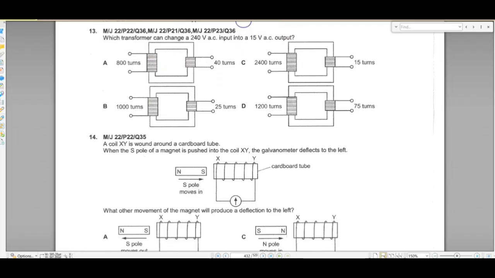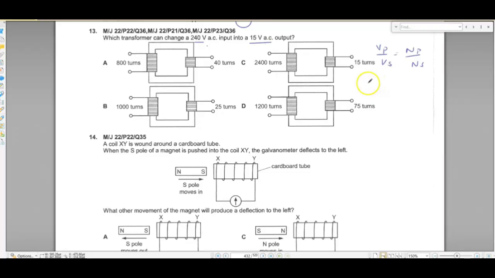Question number 13. Which transformer can change a 240 volt AC input to a 15 volt AC output? Now we've been given inputs and outputs in terms of voltage, and we've been given the turns. So what we are going to do is use our formula Vp over Vs is equal to Np over Ns, and we are going to leave out one of the values.